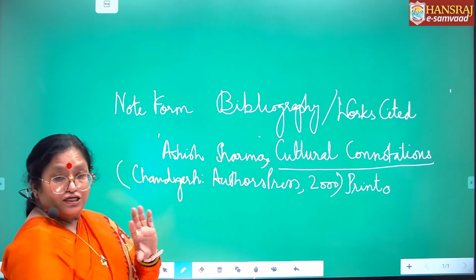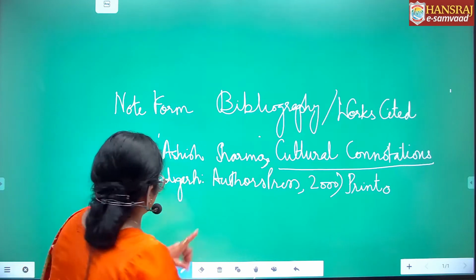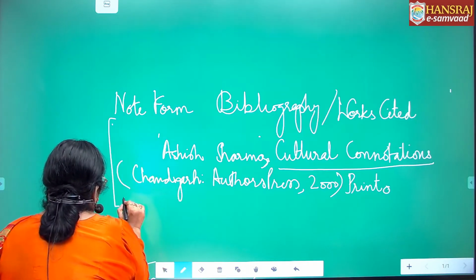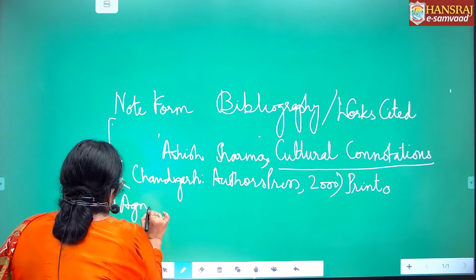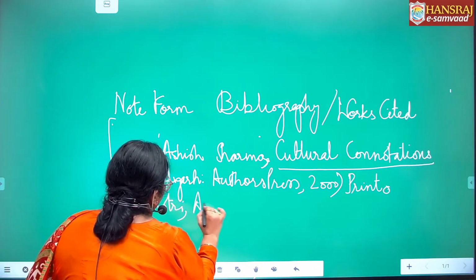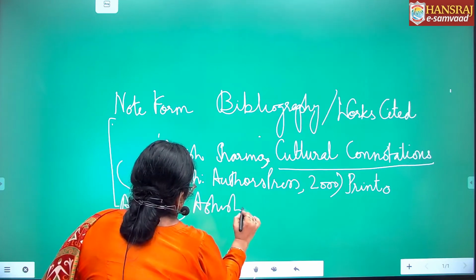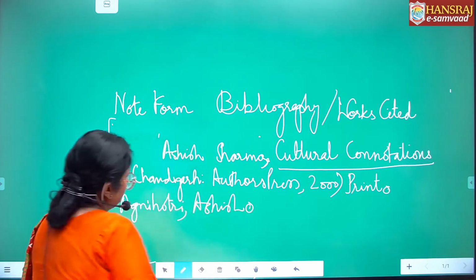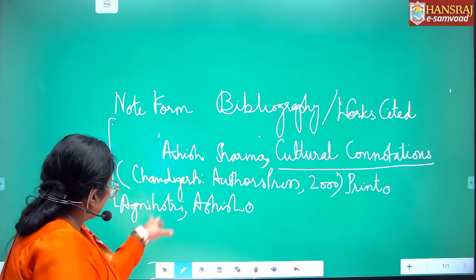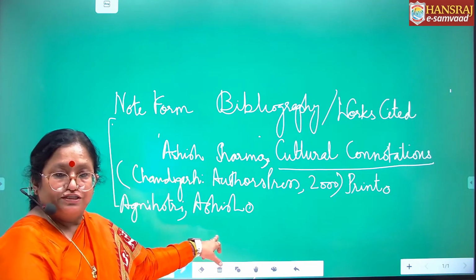So Agnihotri, alphabetically he will come first, and this bibliography will begin here, Agnihotri, comma, and Ashish, full stop, right? And then suppose there are only 2 entries, then Sharma, Ashish will come afterwards, right?